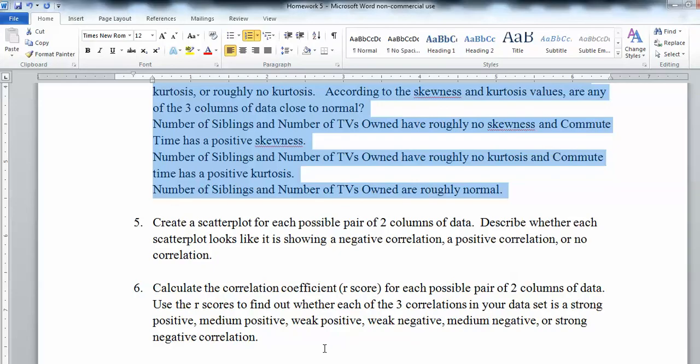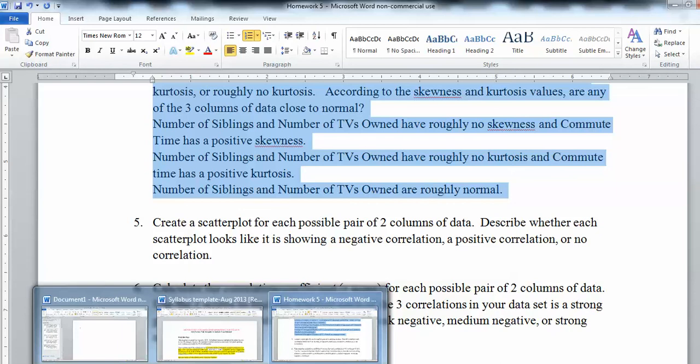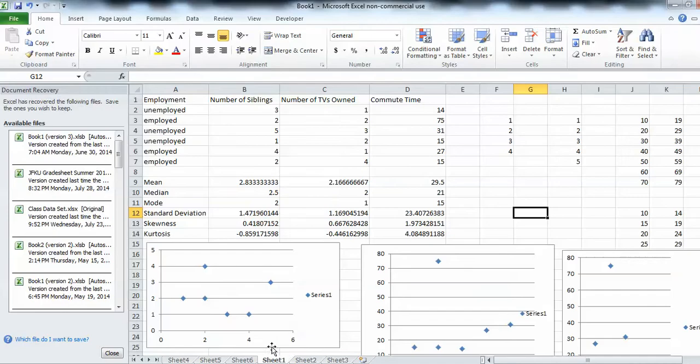Now what can I do? It asks, describe whether each scatter plot is showing a negative correlation, a positive correlation, or no correlation. So now you just have to look at the graphs again and make your own guess.